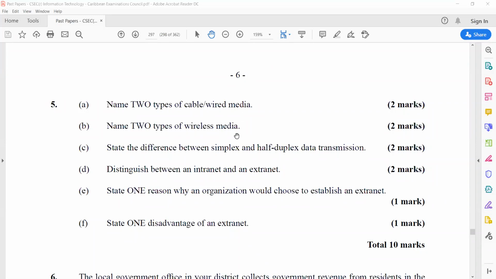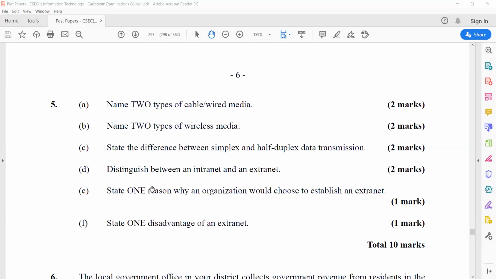Right, so simplex is transmission of data in one direction only, and half duplex is transmission of data in both directions, one direction at a time. One popular analogy is a one-way road versus a dual carriageway with traffic passing one direction at a time.